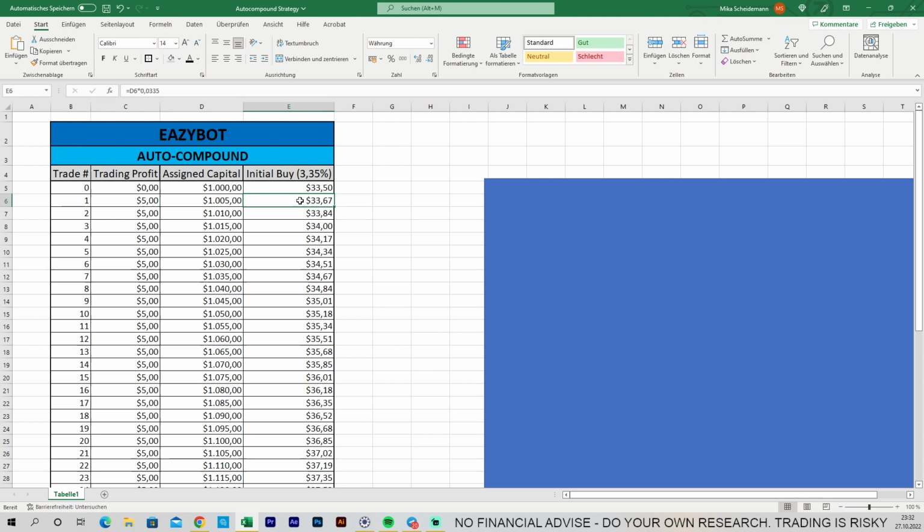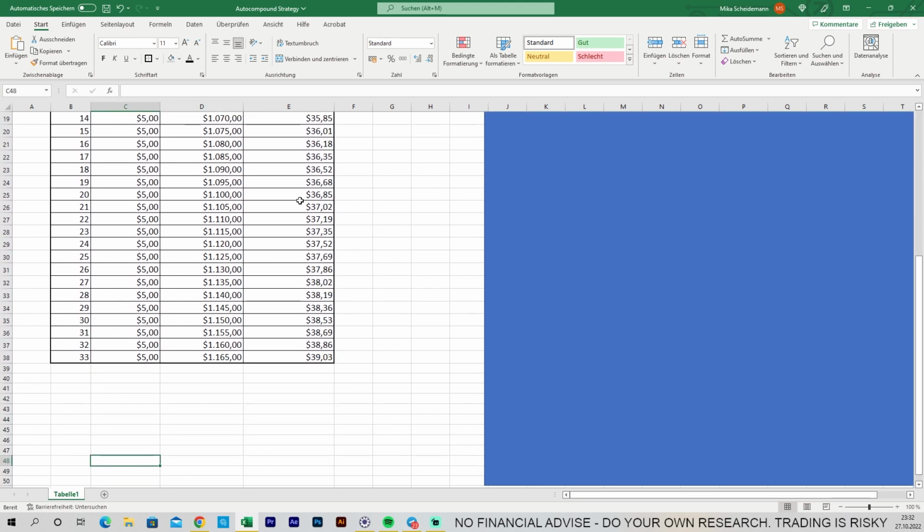So our profit potential is a little bit higher because we trade a little bit more capital. Obviously, with every profitable trade closed, this balance gets higher. I have an easy example here. We make $5 of profit with every trade. So after closing 33 trades with $5 each, we have a new balance of $1,165.